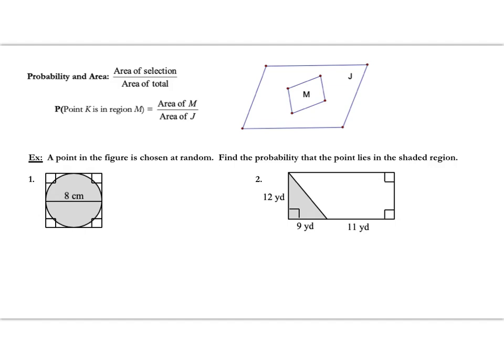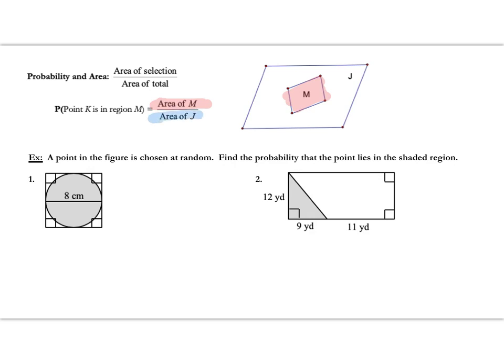Alright, then the bigger problems we're looking at today involve actually using the area formulas from this chapter. If I want to know the probability that a point would land inside of region M here, I would actually need to know its area. So we have to do the area of M, but then the bottom of every probability problem is supposed to be the total.